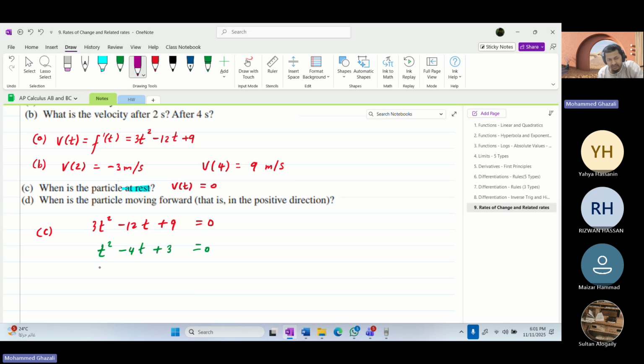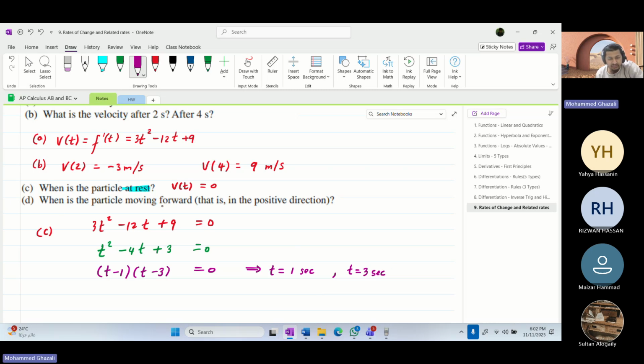Factors of 3 are 1 and 3. So t minus 1, t minus 3 is equal to 0. So t is equal to 1 second. After 1 second, the particle comes to rest, okay? And t is equal to 3 seconds. Make sense?